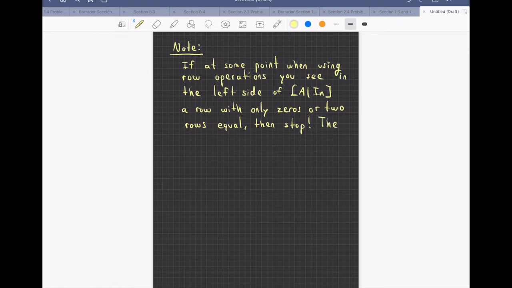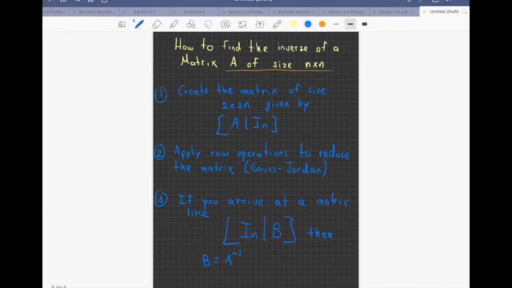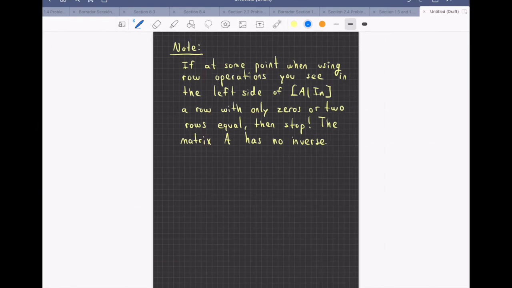The matrix A has no inverse. Of course, I'm going to show examples about this, right? But essentially, these are the steps. So I'm going to do some examples.